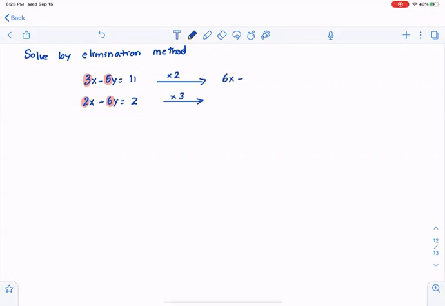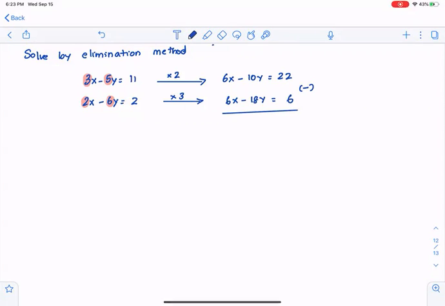So 6x minus 10y equals 22. 4x minus 12y equals 4. Excuse me, I'm supposed to multiply by 3. 6x minus 18y equals 6.